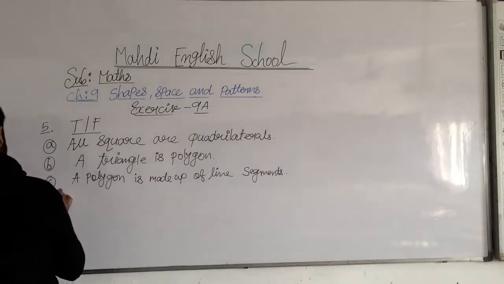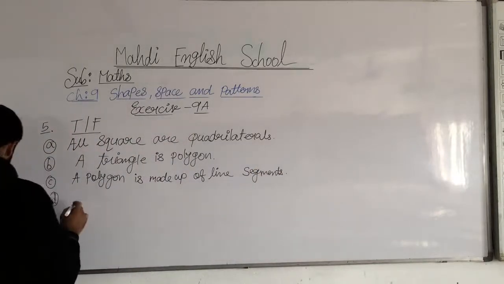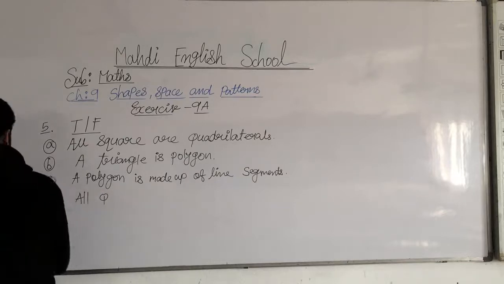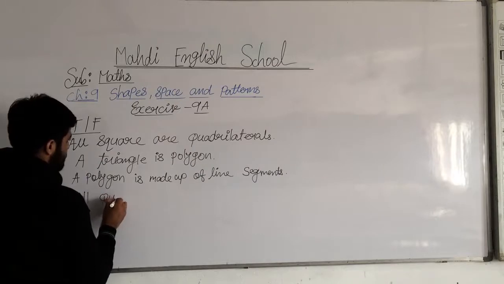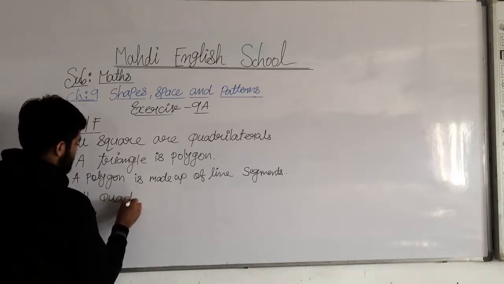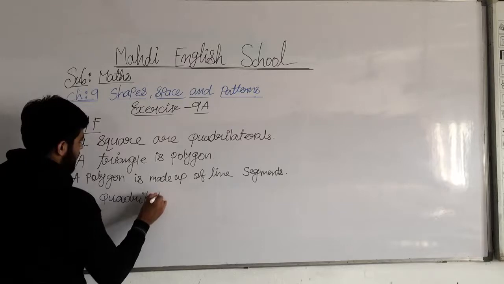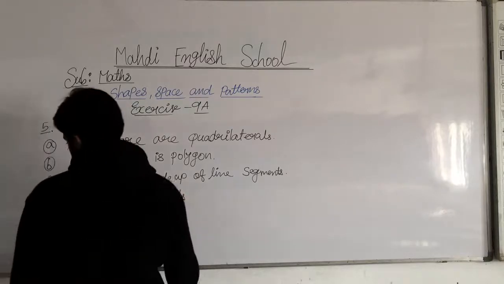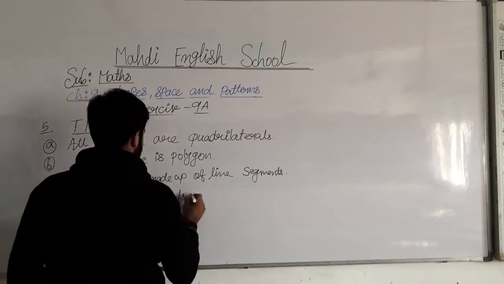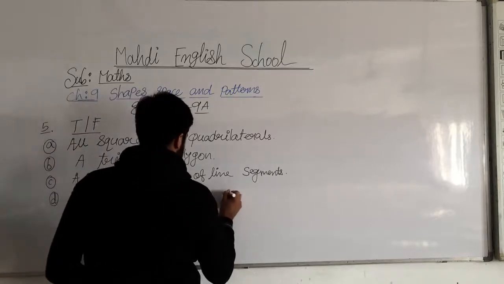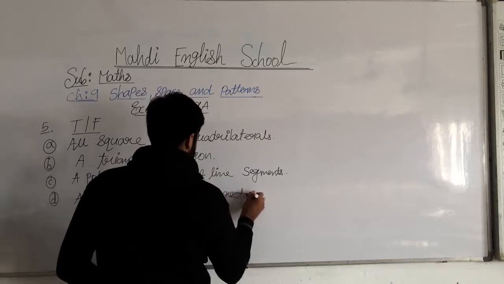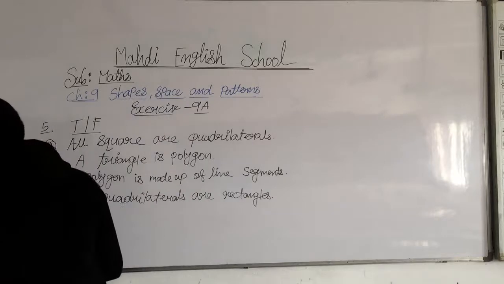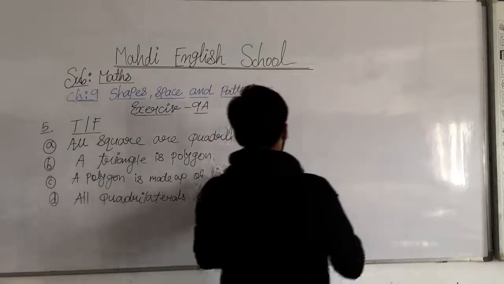Then question number D: all quadrilaterals are rectangles. We have to mention the answer here, my dear students, with a reason.